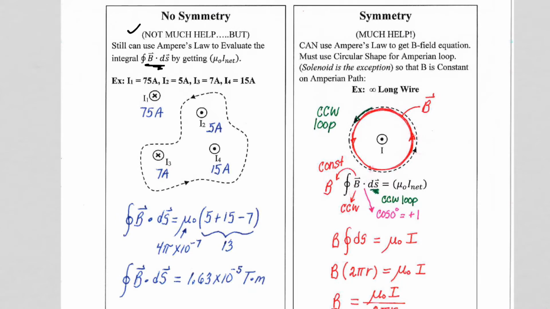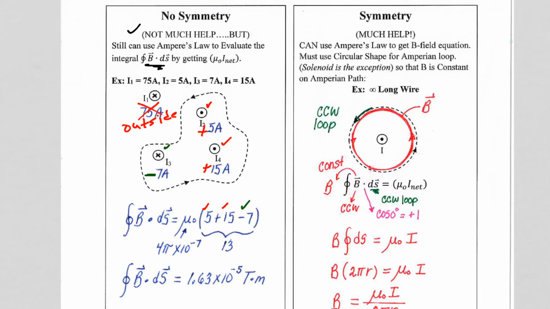You will not look at the currents that are outside, so we don't use those. Currents coming out of the paper are positive, and currents going into the paper are negative. Make sure you get your positives and negatives correctly into your I net enclosed, and that's it.